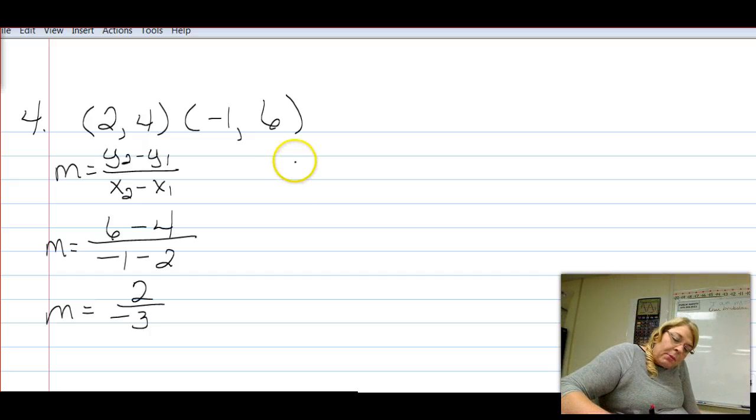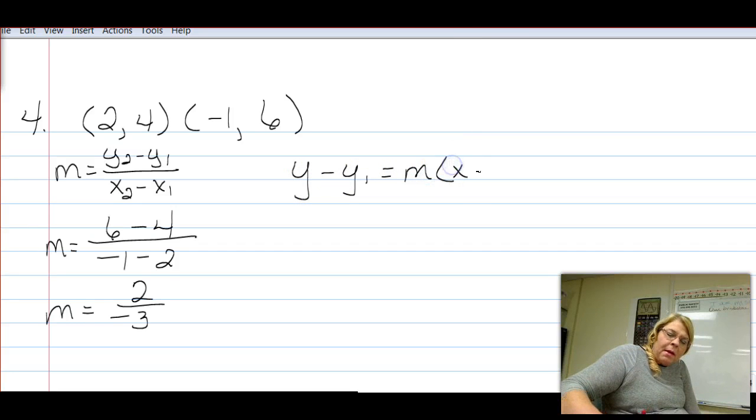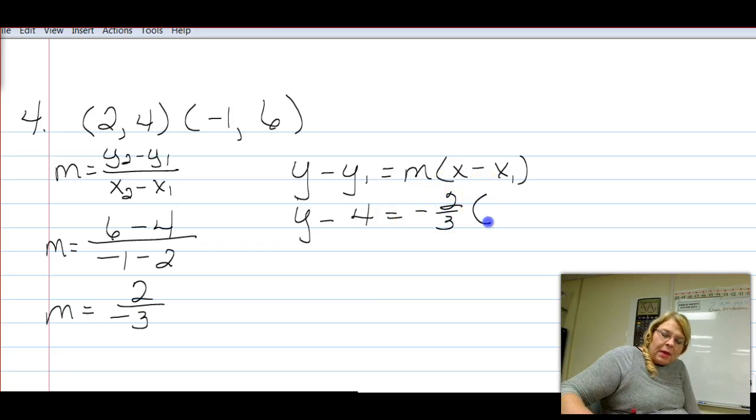Now that I have my slope, I'm going to use y minus y sub 1 equal m times x minus x sub 1. That gives me y minus 4 equal -2/3 times x minus 2.